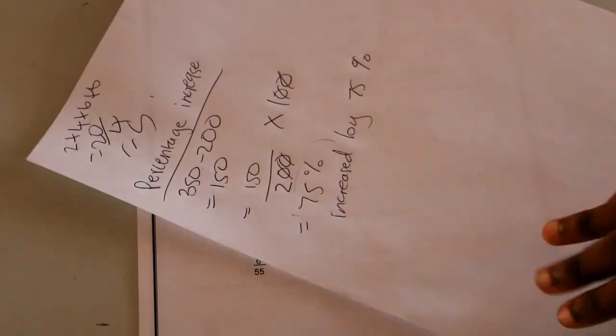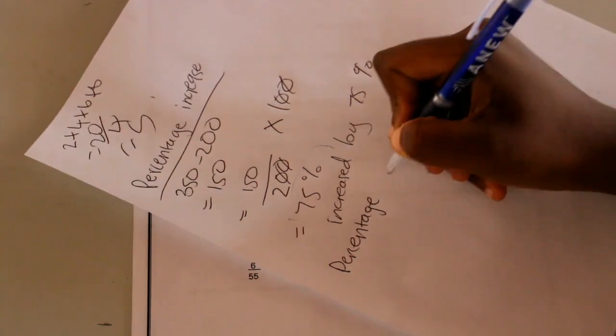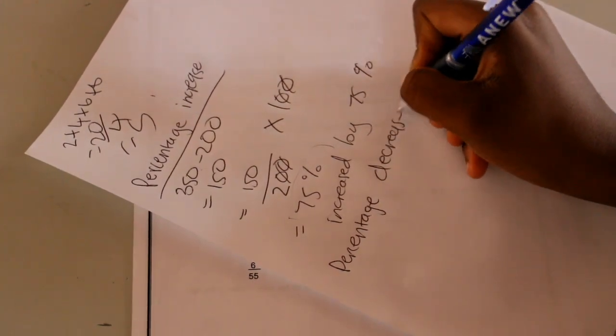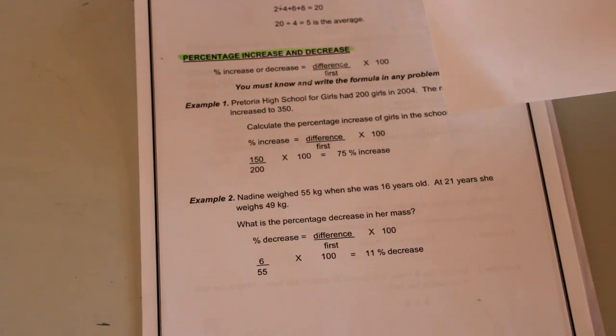And now percentage decrease. Let's read the case study. Nadine weighed 55 kg when she was 16 years old. At 21, she weighs 49 kg. So find the difference first.